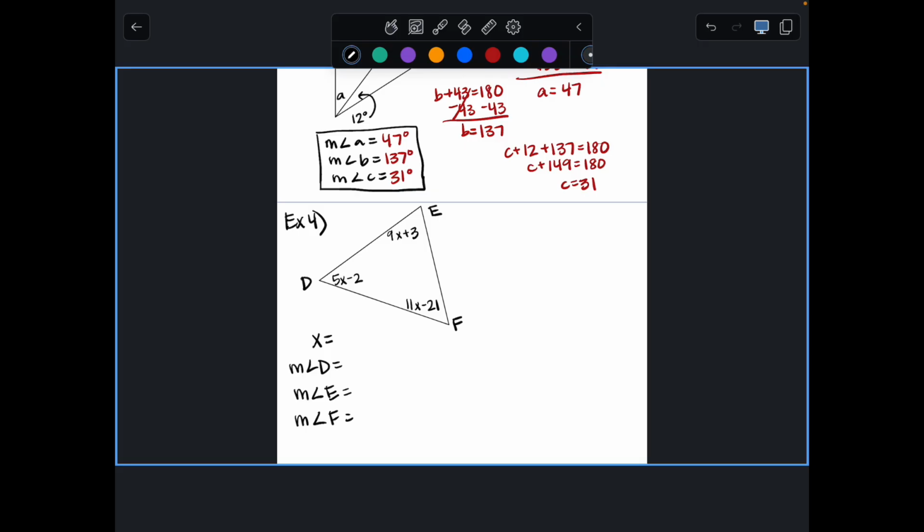So if we're given an expression for each angle, if I add all three expressions together, the answer is 180. Oops. This is a minus.